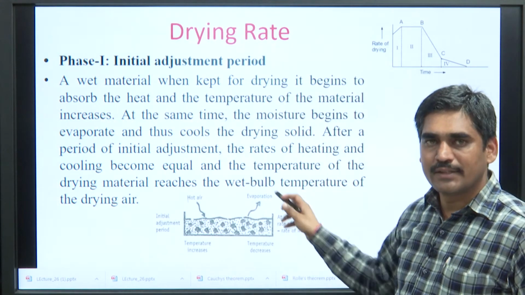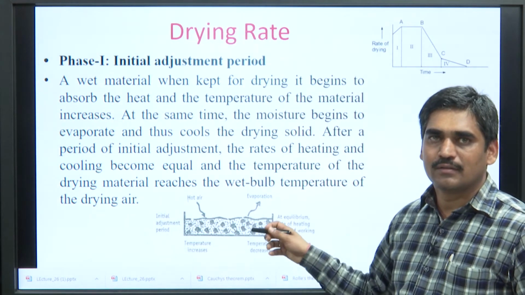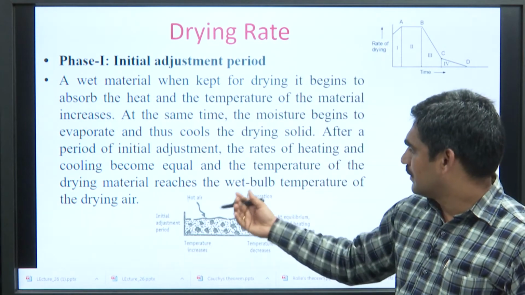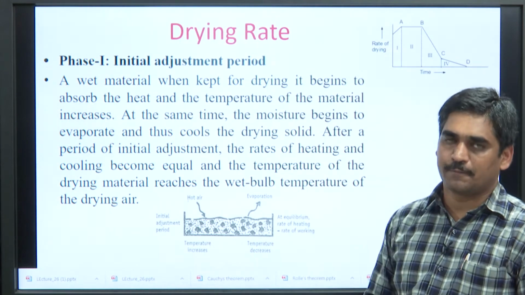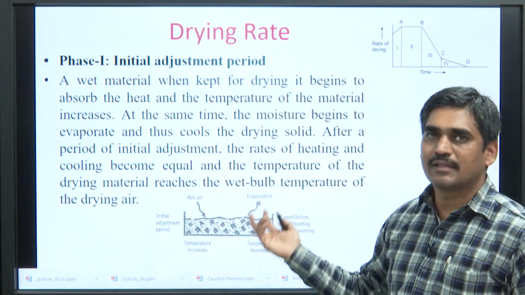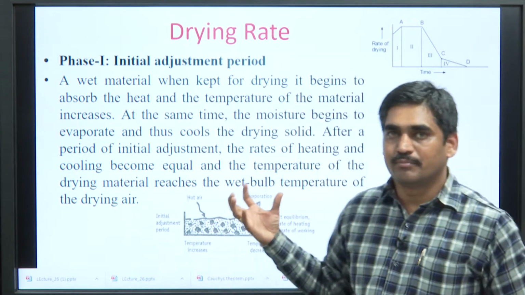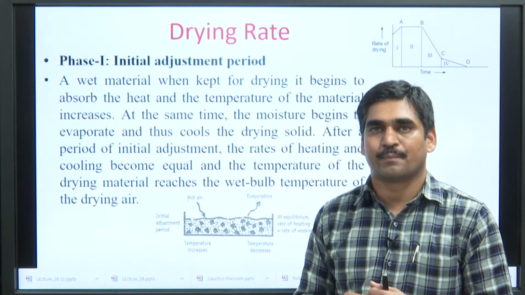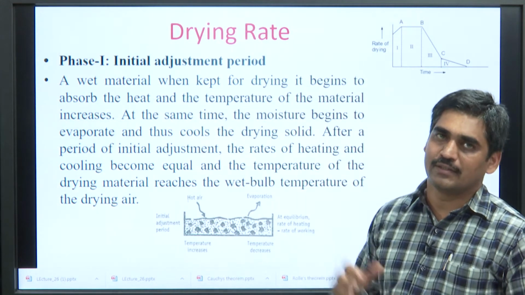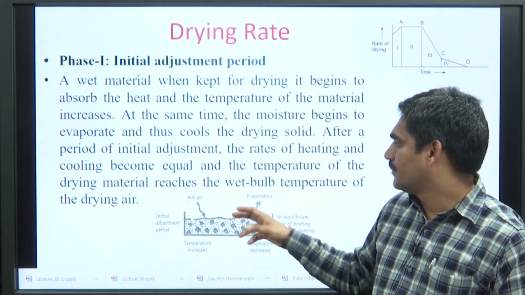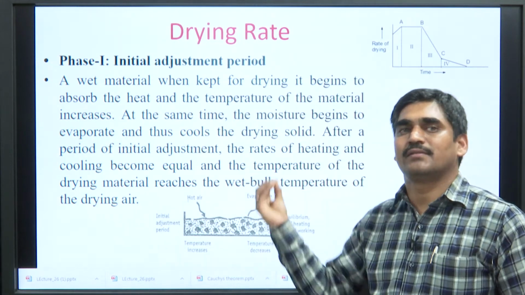You see this material, the solid particles, a slurry, kept in this petri dish, and from the bottom of the petri dish we are applying heat. As the heat is applied, it begins to absorb heat. As the heat is absorbed, the temperature of this material increases. At the same time, as the temperature increases, moisture is evaporated.